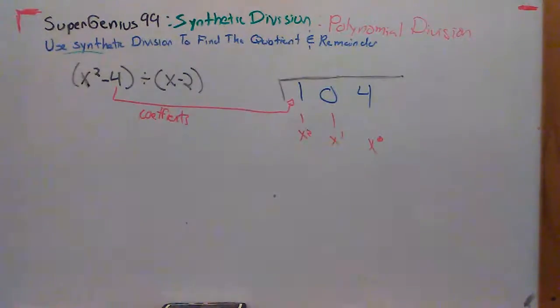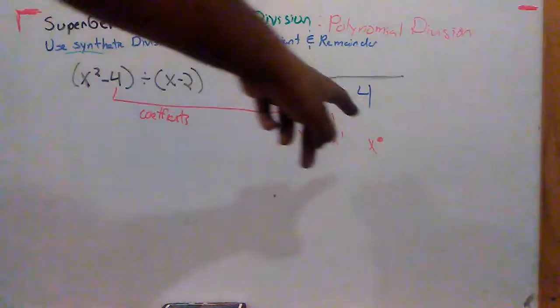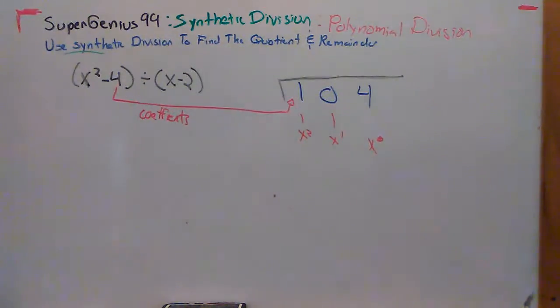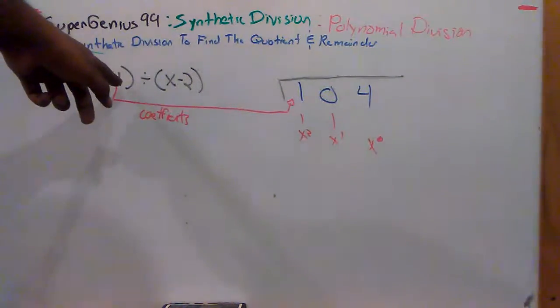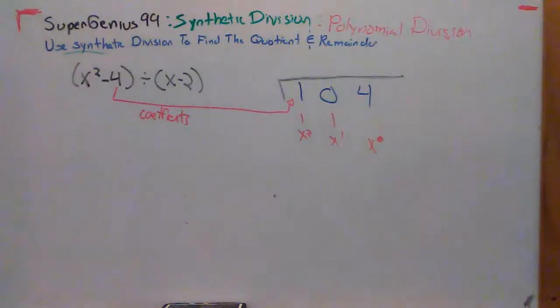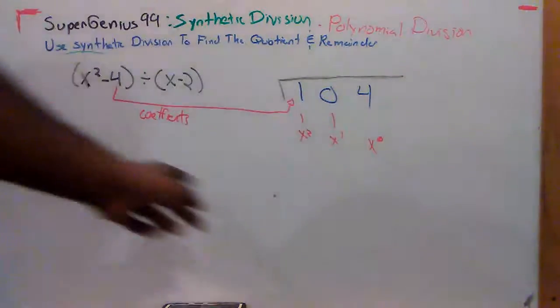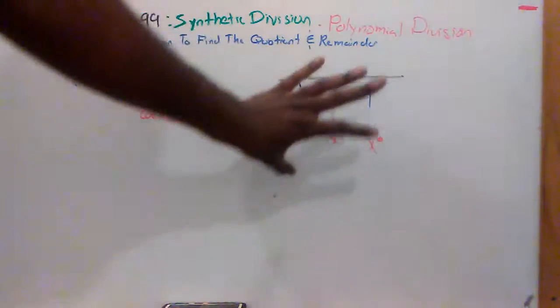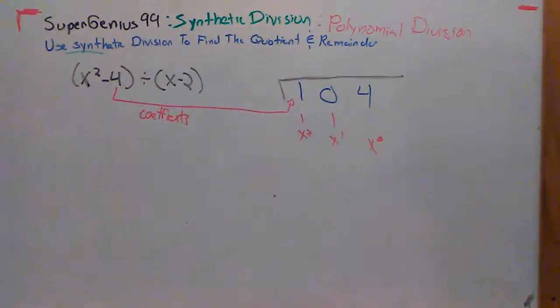Its coefficient is 0 because it does not exist. And then x to the 0th power is just a number by itself. We don't write x to the 0, we just leave it off. And you'll do that in all your math classes. So every power from the highest power to the lowest power of x is represented, and so we can continue.